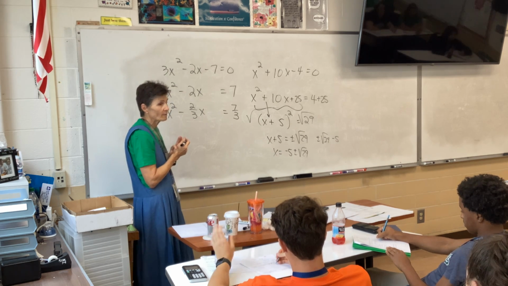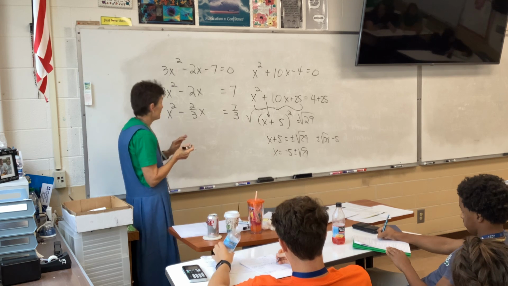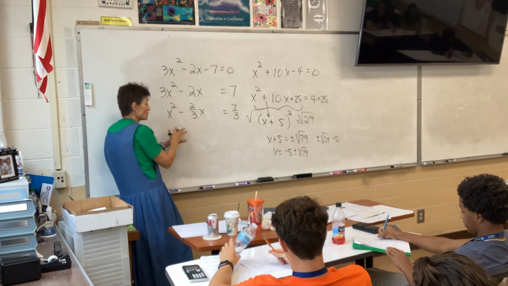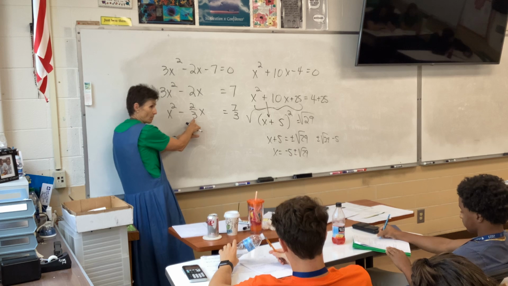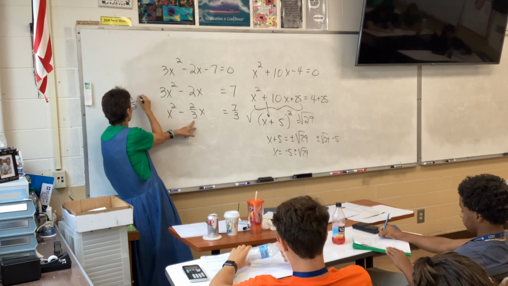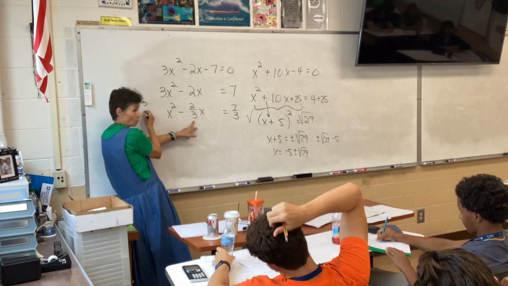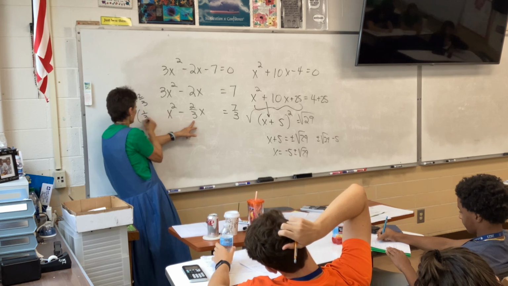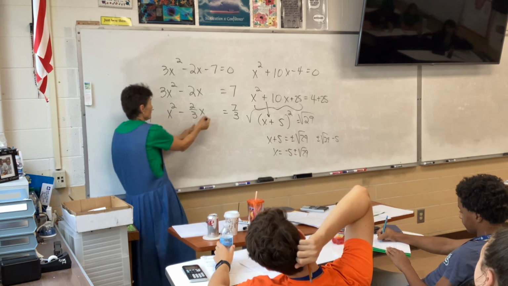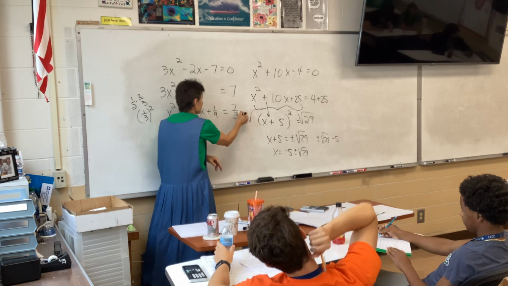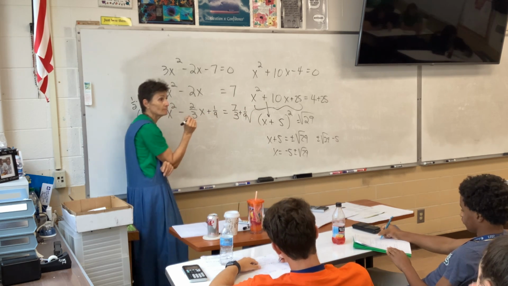And completing the square is not so easy now. So what's our rule? Our rule is we take half of this number. So half of 2/3 is 1/3. And we square it. So the number we are adding to both sides is 1/9.